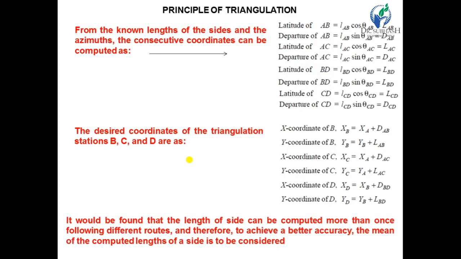Following the same procedure, we can calculate the latitudes and departures of the different lines. The desired coordinates of triangulation stations B, C, and D are the x and y coordinates of B, of C, and of D. We have to add and subtract, as we have seen from the figure.